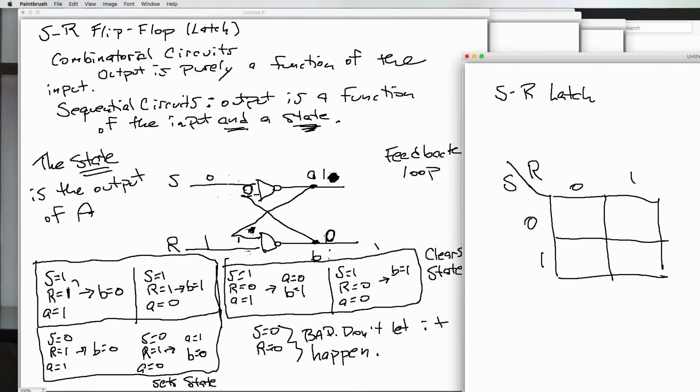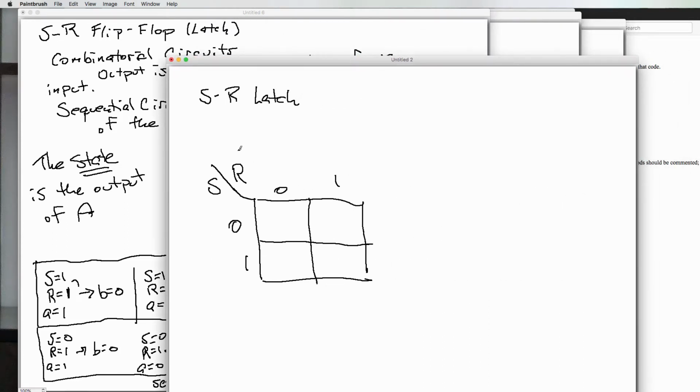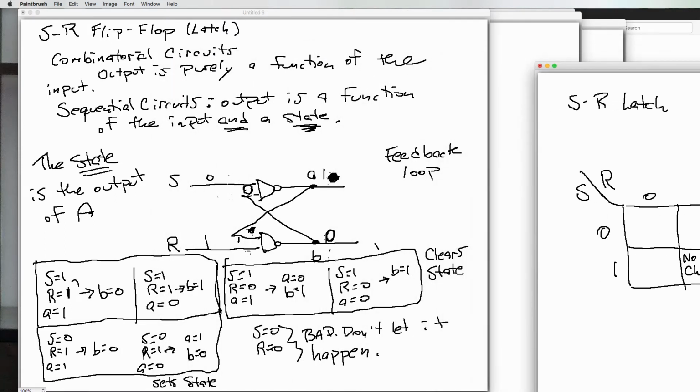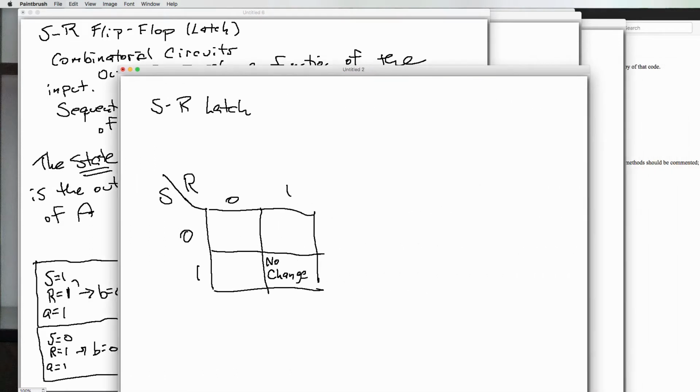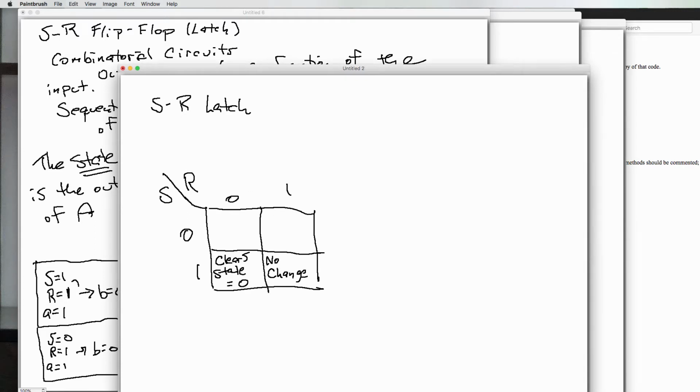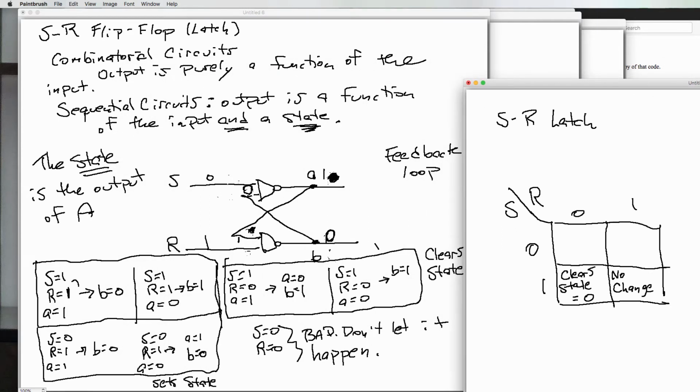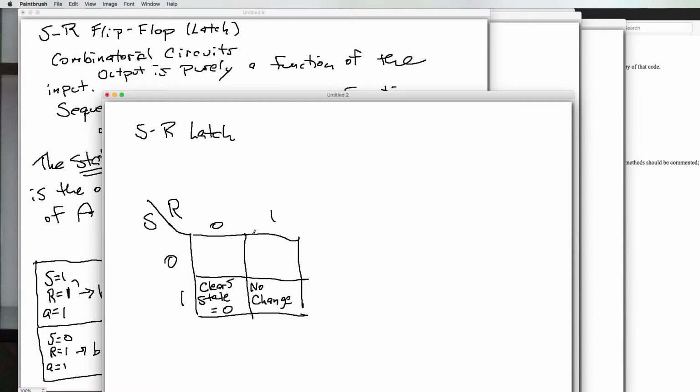When S is 1 and R is 1, there is no change. When S is 1 and R is 0, it clears the state, and clearing the state means that we set the state equal to 0. The other thing is we can say that when S is 0 and R is 1, it sets the state.